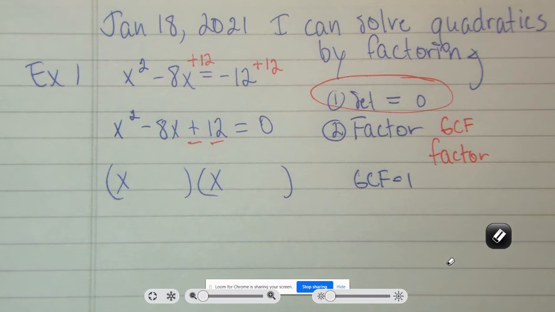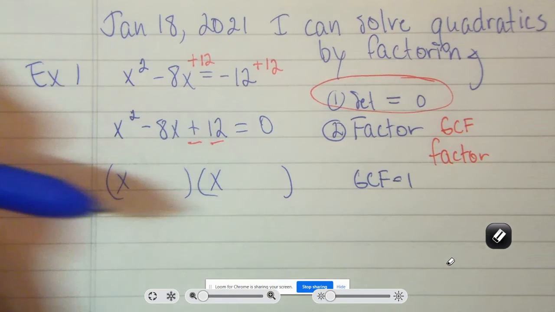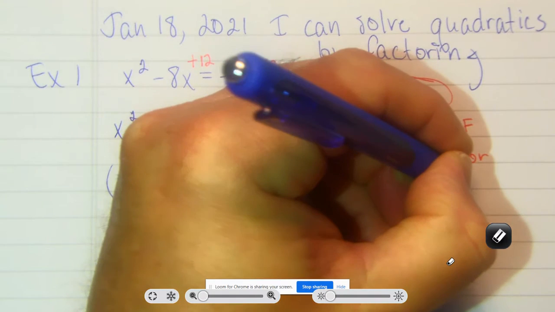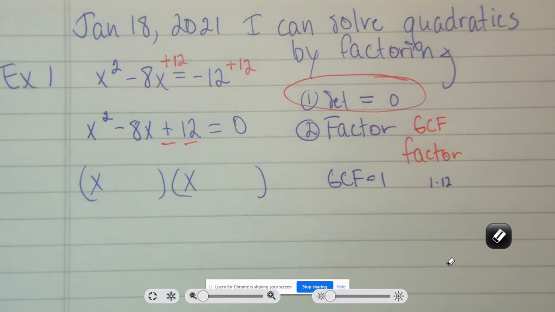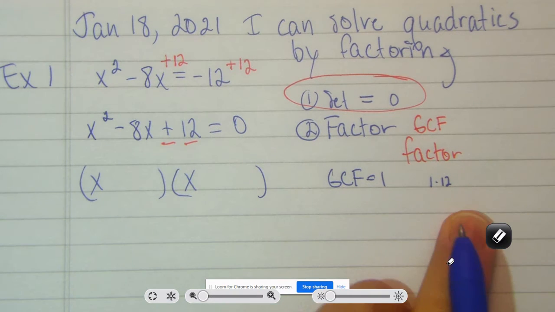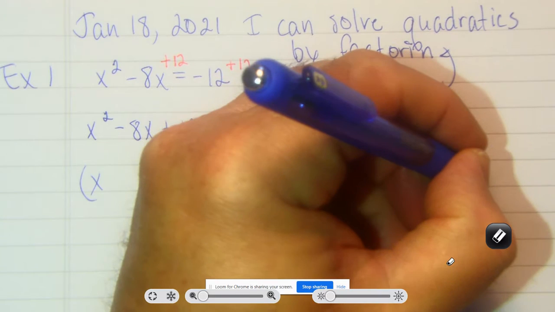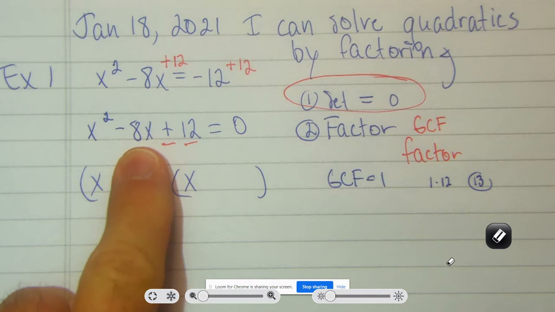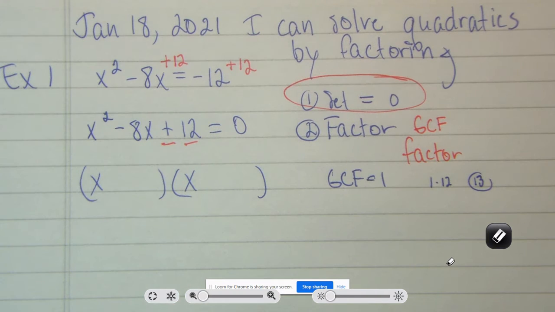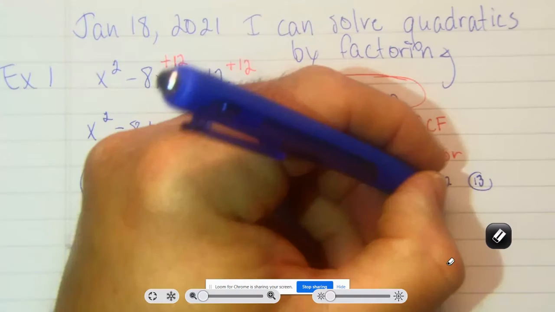Well, that means that both factors will have to be negative. 1 times 12 is 12, but when I add those two together, 1 plus 12, its sum is 13, and I need a negative 8. So I'm going to look at negative factors.